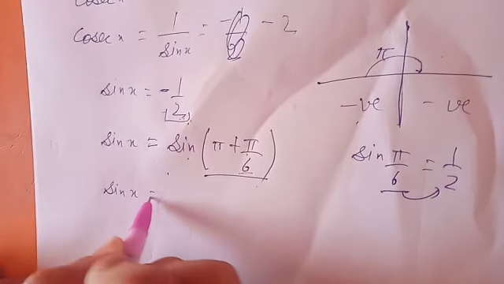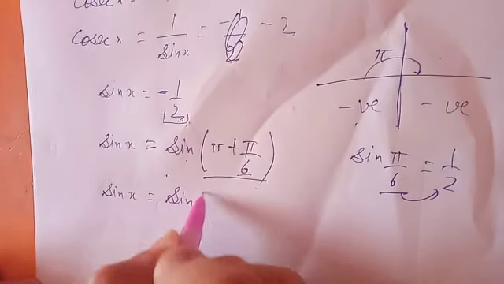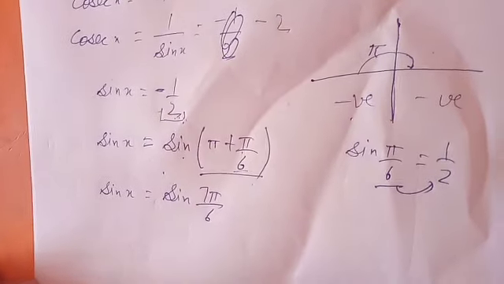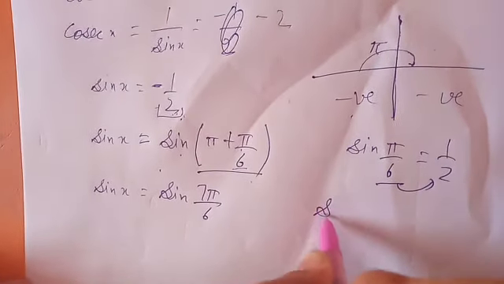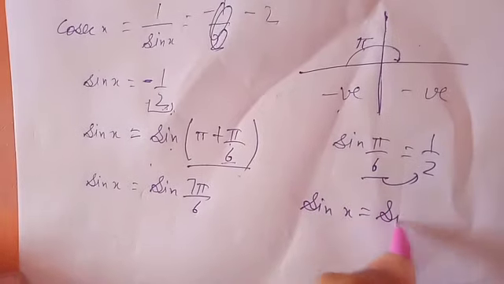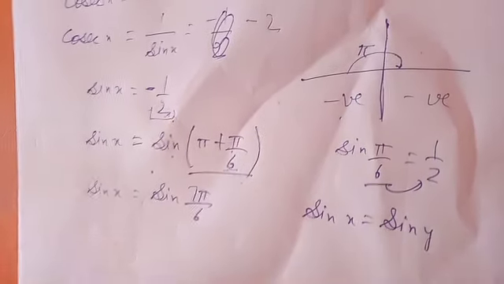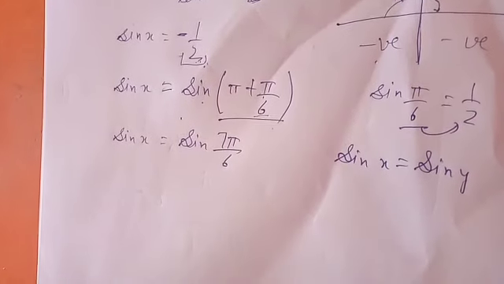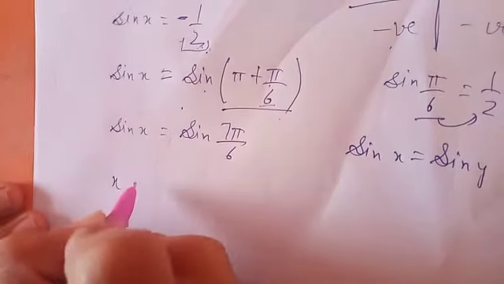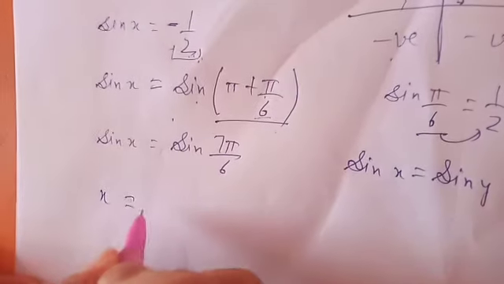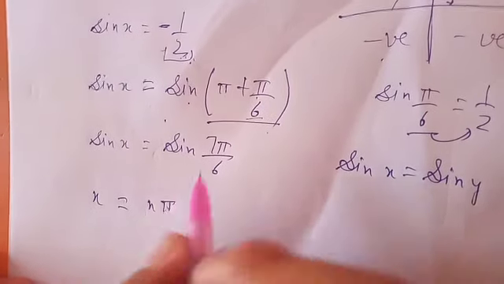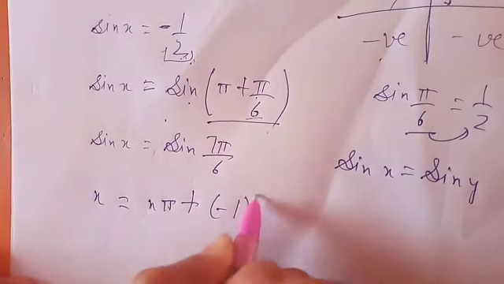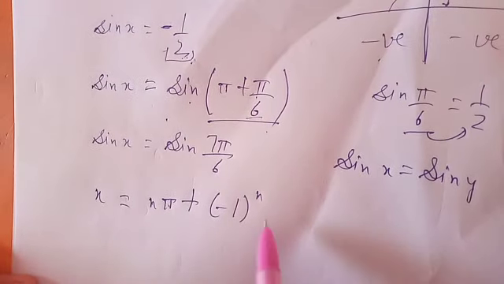So sin x is equal to sin 7 pi by 6. And whenever our sin x becomes equal to sin y, then for general solution, what is the formula? We have that x will be equal to n pi plus minus 1 raised to power n into y.